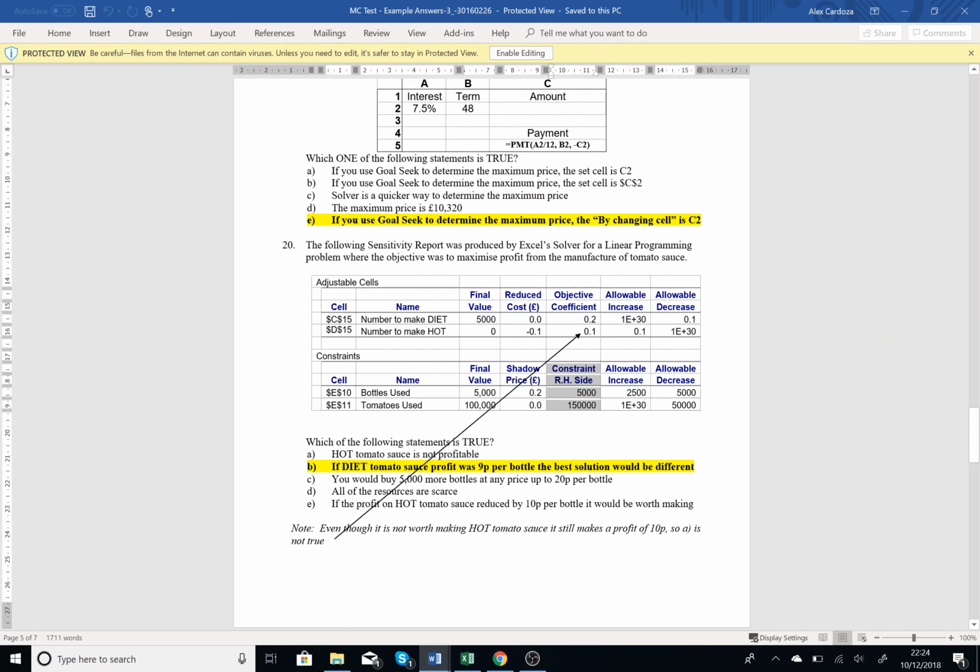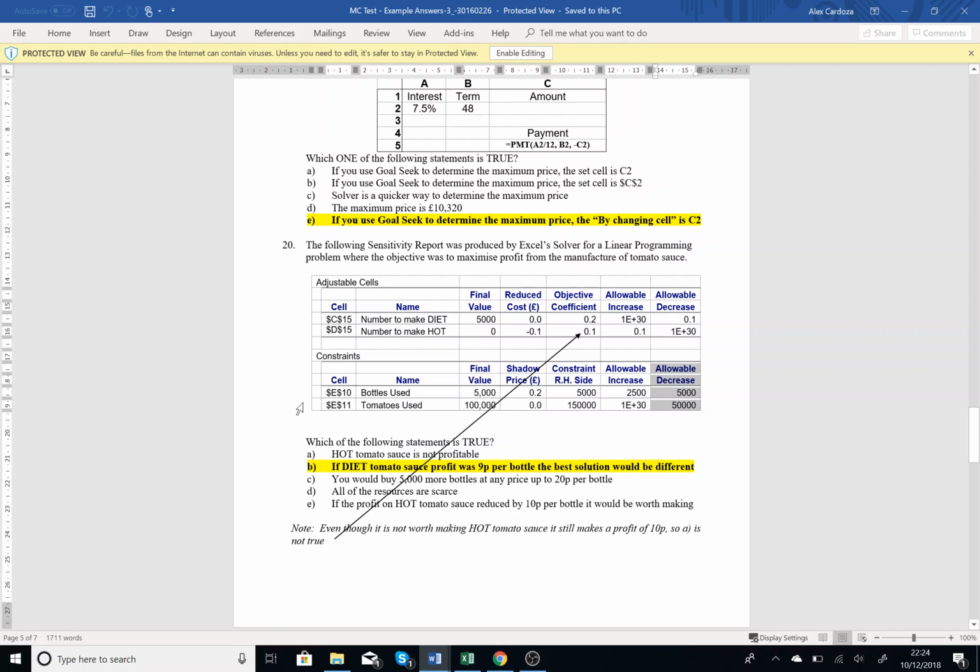This is how much you can increase it by without it becoming non-profitable based on the other information that you have. And then your allowable decrease is how much you can reduce something by.